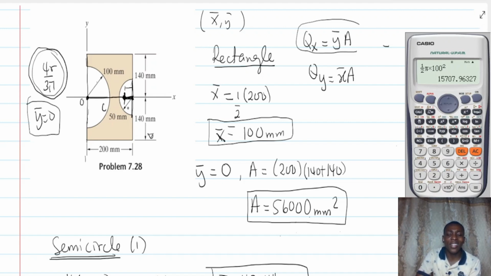So the whole of this distance is 200. But we know that the distance from the base to this point is 4r over 3 pi. If I want to get the actual x bar, the distance from the origin to the center, then it will be 200 minus 4r over 3 pi. The radius in this case is 50.